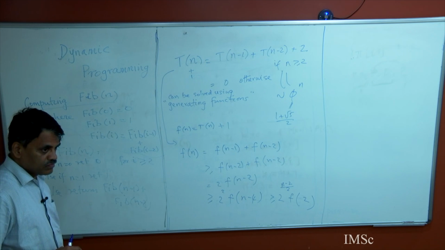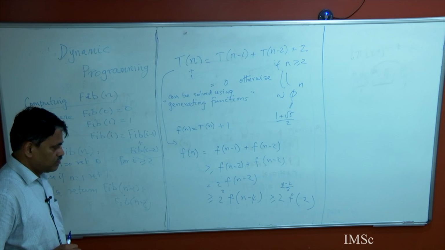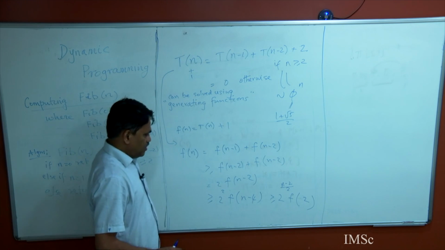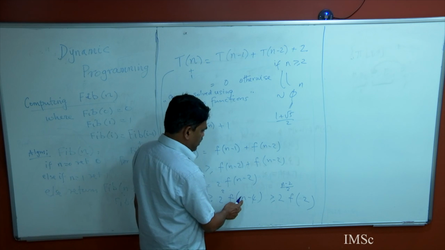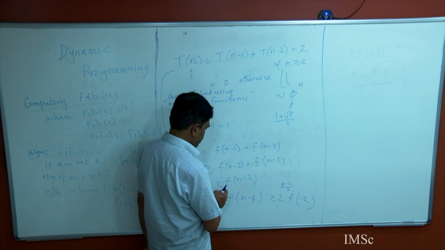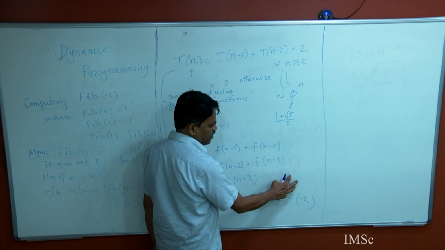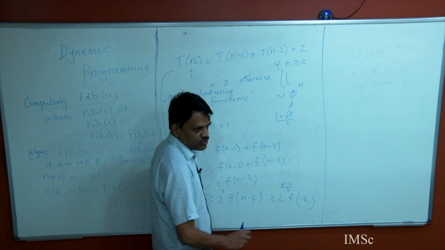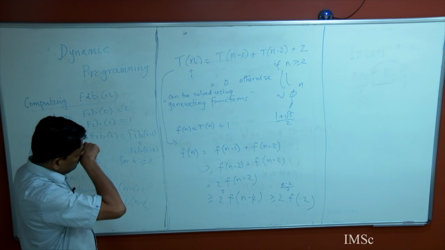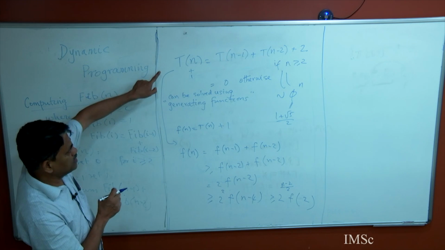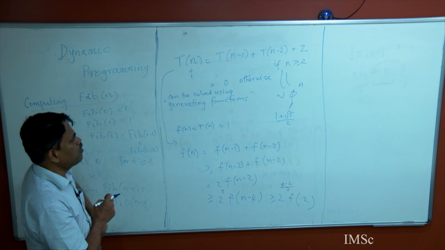Do you agree with this? Right. So all I have done is n minus 2 times whatever I have done, right. So if I put n minus 2 by 2, n minus 2 times this is n minus 2, so that's f of 2. And what is f of 2?